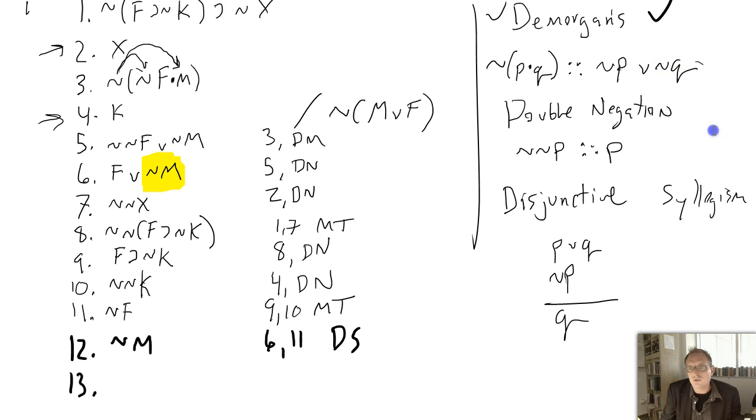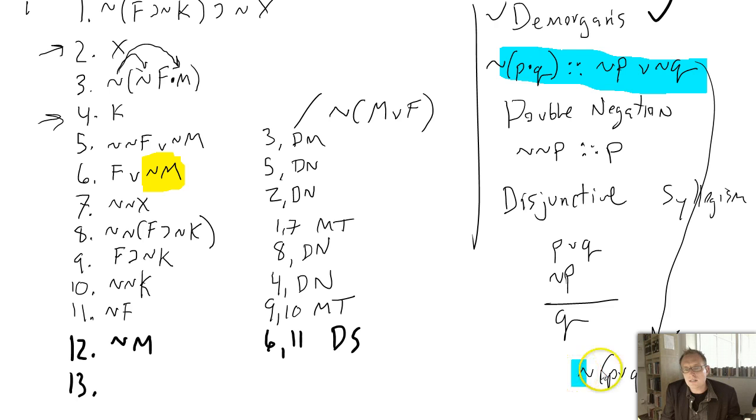The other version of De Morgan's looks like this: if you have not (P or Q), that's logically equivalent to saying that you have not P and not Q. So De Morgan's is both of these rules. This is a De Morgan's and this is a De Morgan's.